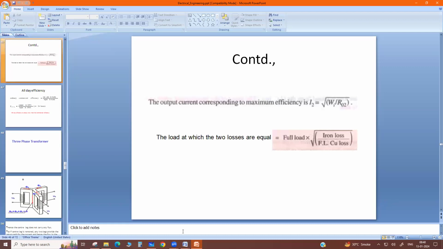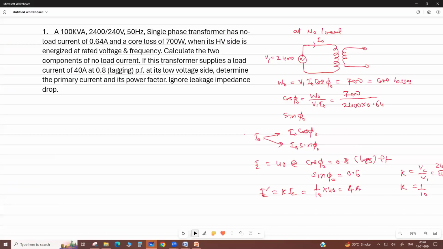We can write it this way: what is the kVA load, or kVA load corresponding to maximum efficiency.